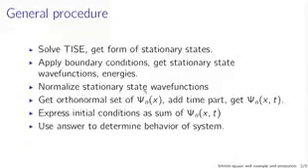These will, for the most part, form an orthonormal set, psi sub n of x. We can add the time part that we got when we separated variables in the time-dependent Schrödinger equation. We can then express our initial conditions as a sum of these stationary state wave functions, and use this sum to determine the behavior of the system.